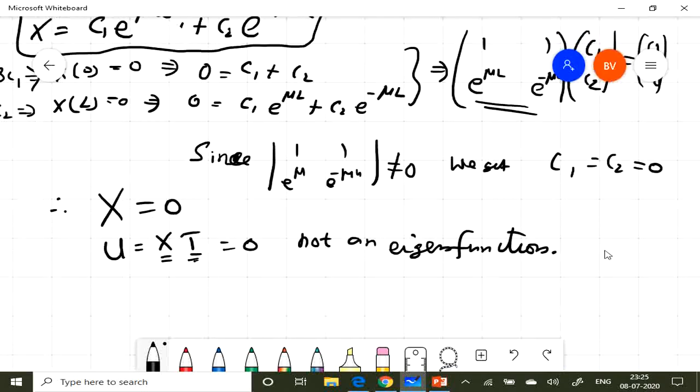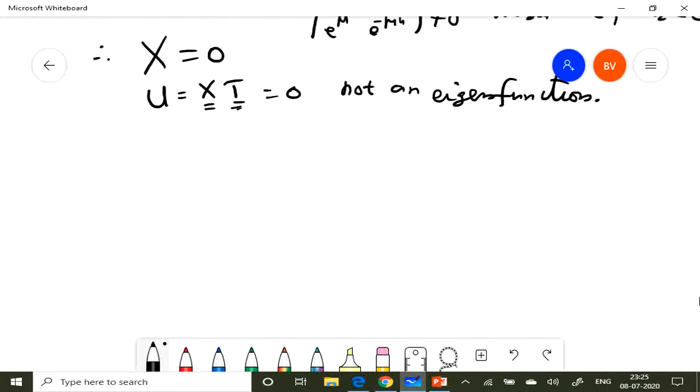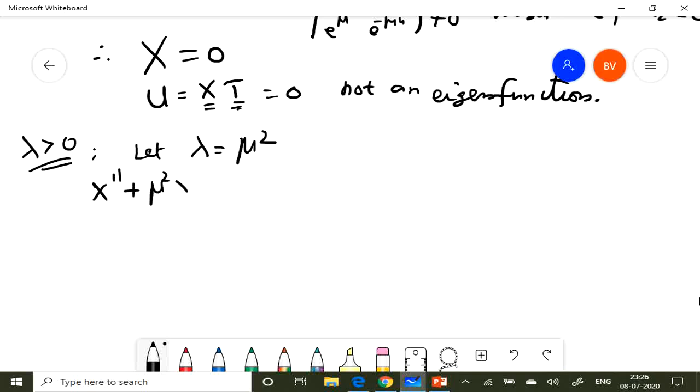So case 3, lambda is positive. We will let lambda be mu square. And then what we get from the given second order differential equation is x double dash plus mu square x is 0.